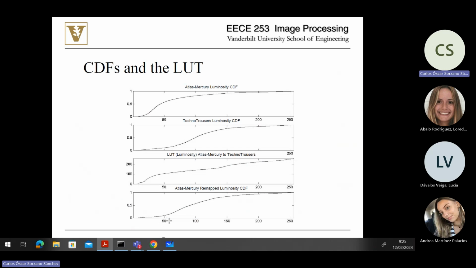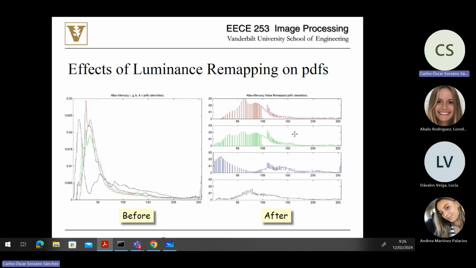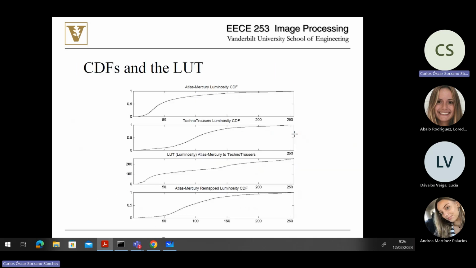And then this is the final luminance, the one after transformation. After transforming, you have this one. But it is not exactly the same as the target, but it is close enough.